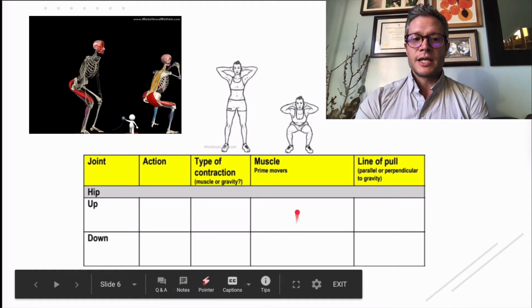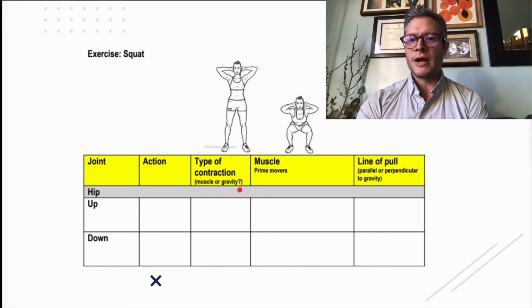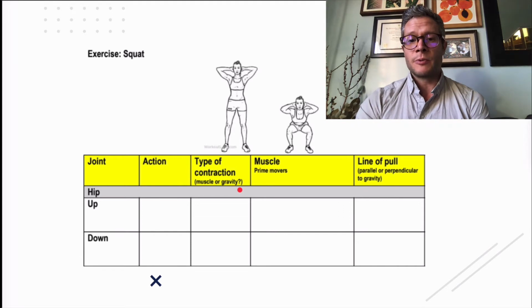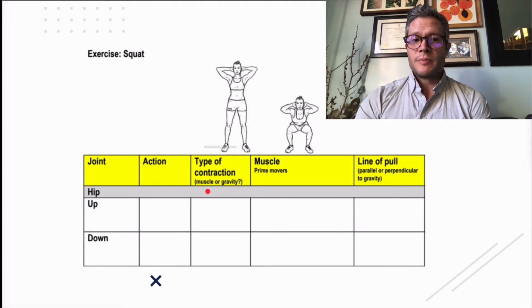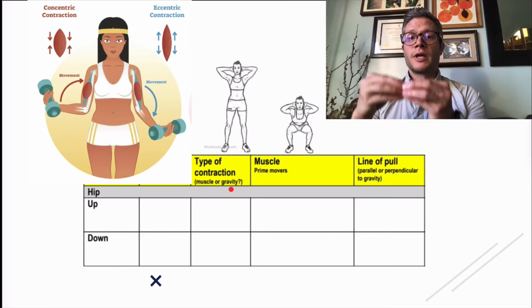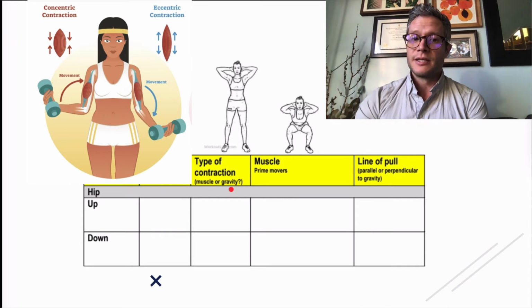Similar to that, now that I know what muscles are working, I can think about what sort of contractions they're doing. Here it says muscle or gravity, but you all know now, from that last slide we worked on, that the muscle contracting means concentric, and the muscle getting longer against gravity as resistance is going to be called eccentric.